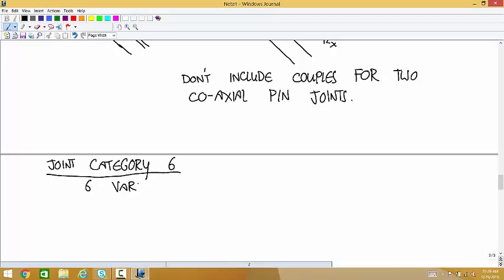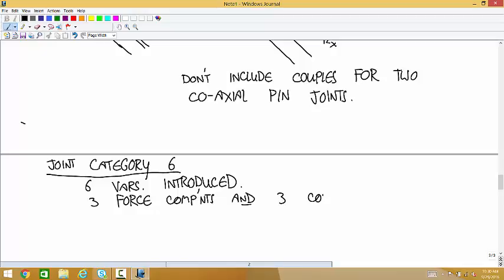6 variables are introduced. And those are 3 force components and 3 couple components.